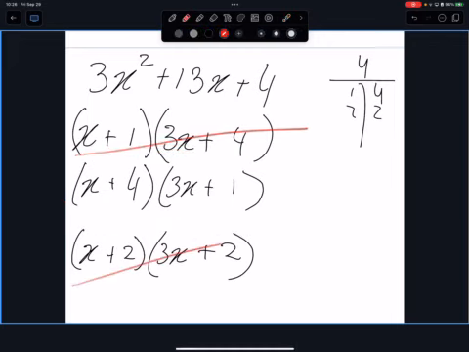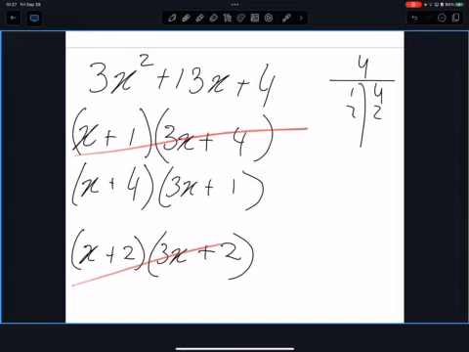Yes, Timothy? So in the first brackets, why is it 3x there? What do you mean? You put x plus 1 instead. What would you like me to place there?